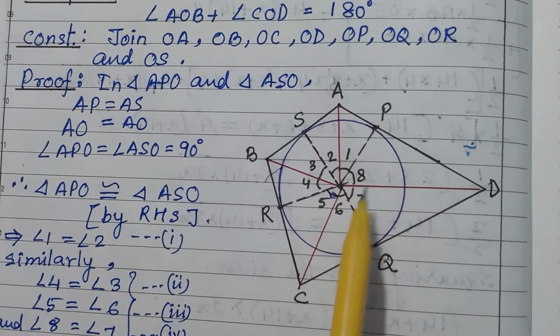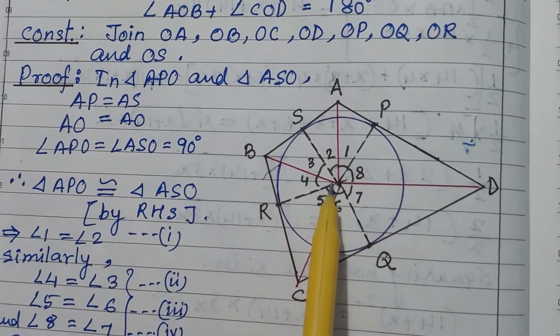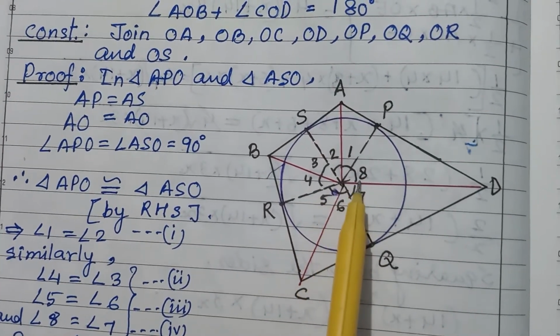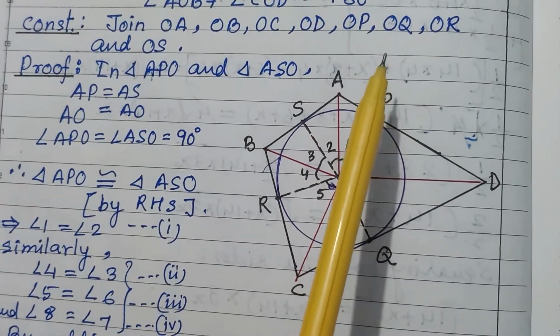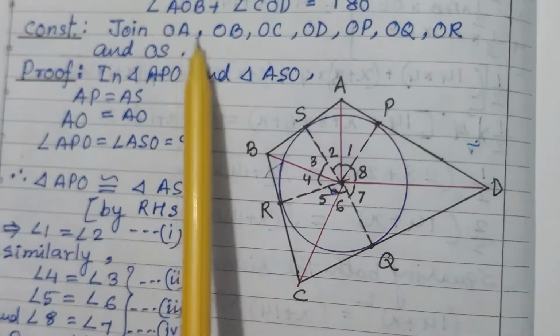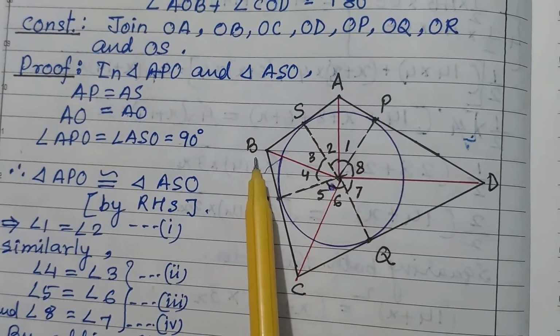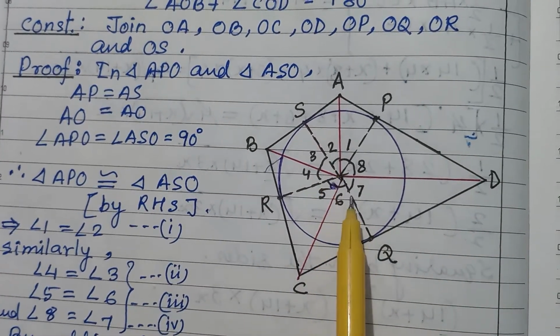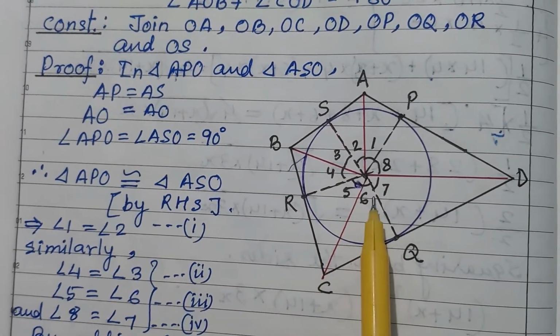AOD plus BOC, these two angles together are 180 degrees. You have to prove this. And similarly, AOB plus COD together is 180 degrees. So they are supplementary angles.